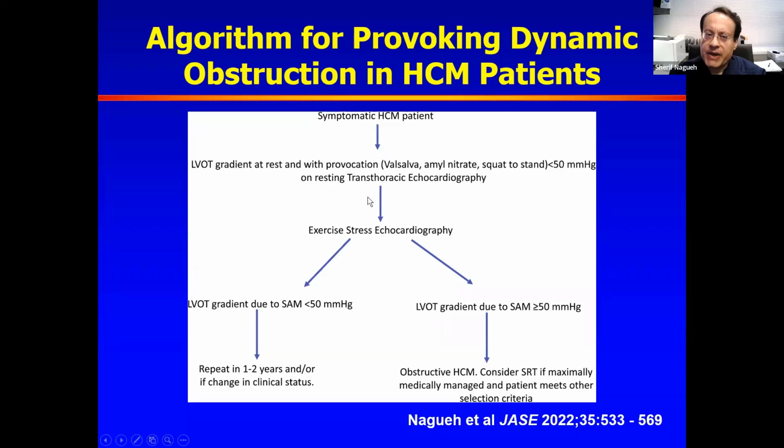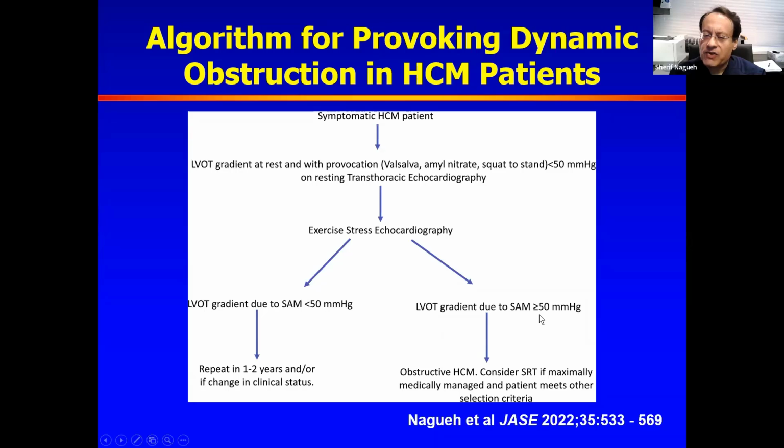So if this gradient at rest or with provocation is less than 50, the next step is exercise stress echo, preferably upright exercise with a treadmill or an upright bike if you have one, but may consider a supine bike if the patient cannot do it, though it is easier to induce more significant gradients with upright exercise as opposed to supine exercise.